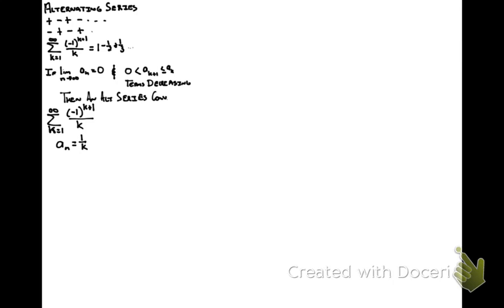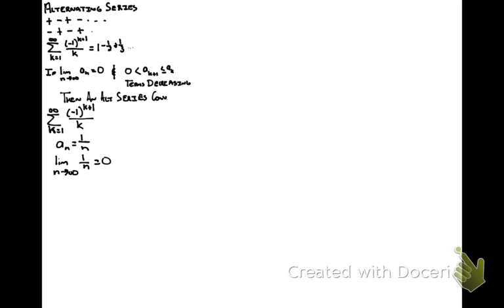That's the rule absent the negative 1 portion. And so the limit would be 1 over n. The limit as n goes to infinity of 1 over n is 0. So the first condition is met.